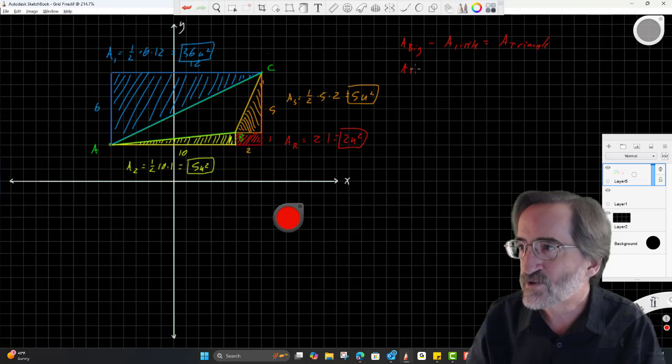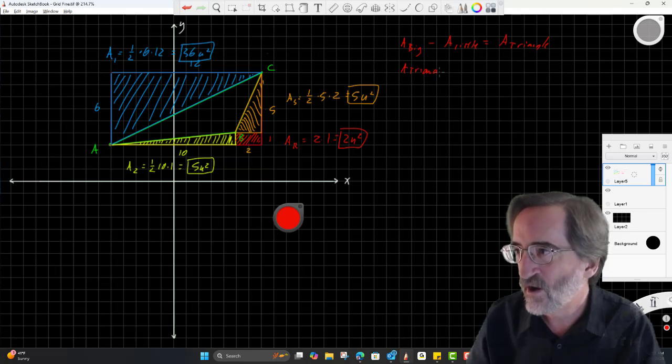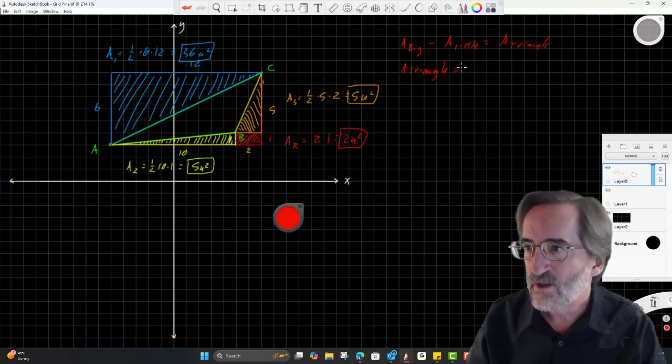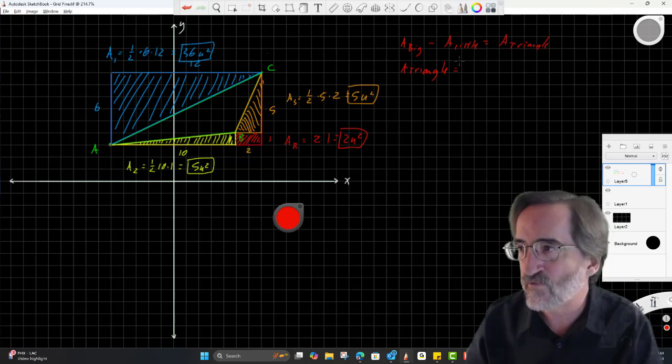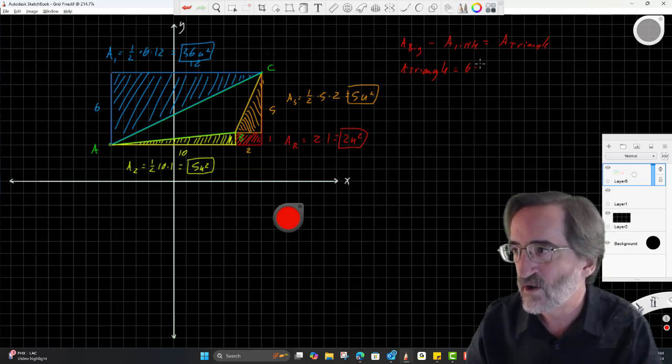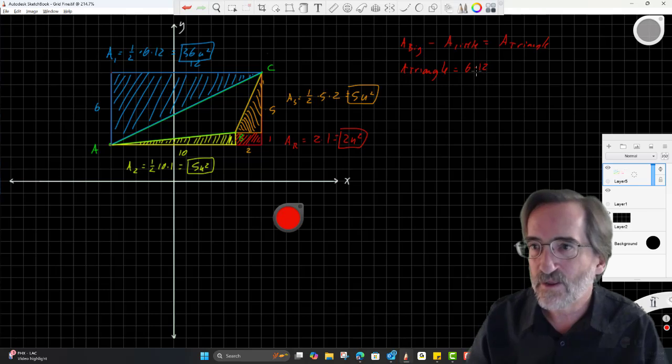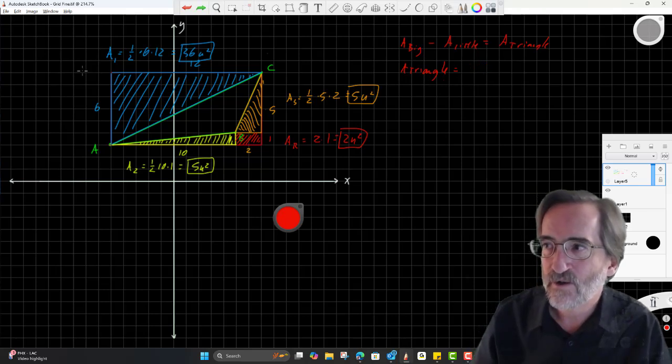So the area of the triangle ABC is the big area, which is a rectangle 6 by 12. Okay, and let's just do that separately here.